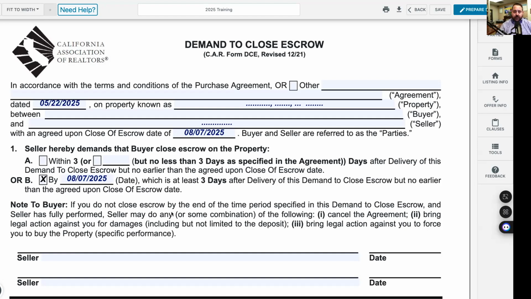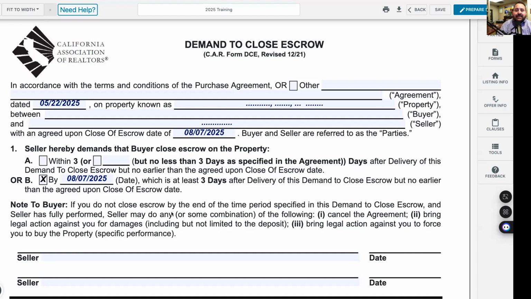Just like the notices to perform, I can say 3 days prior to our agreed upon escrow closing, here is a demand to close. And if they don't close on time on August 7th, I would have the right to cancel come Thursday night, Friday morning.